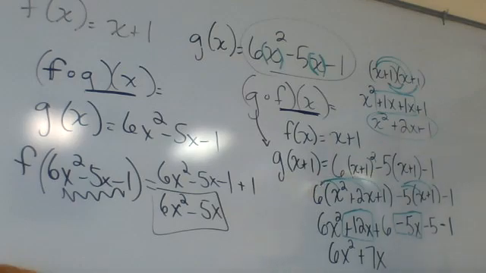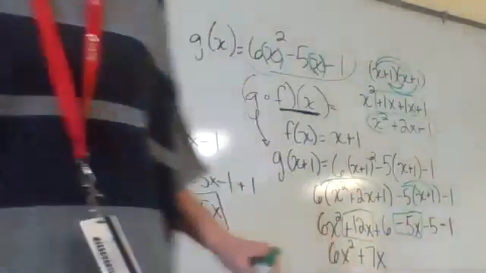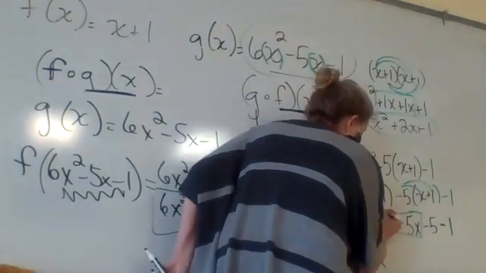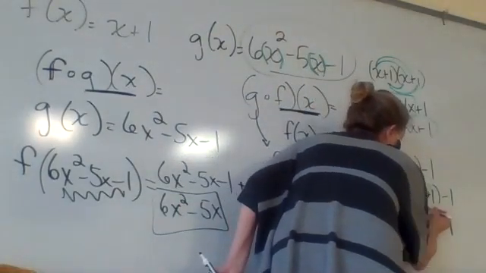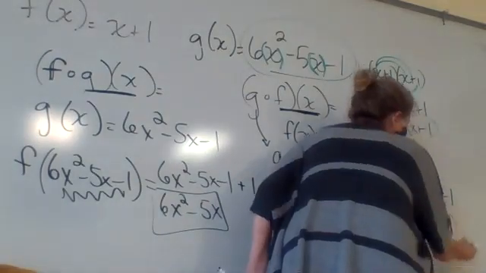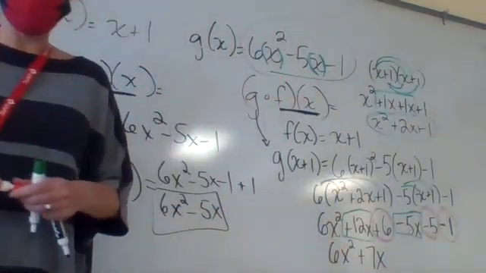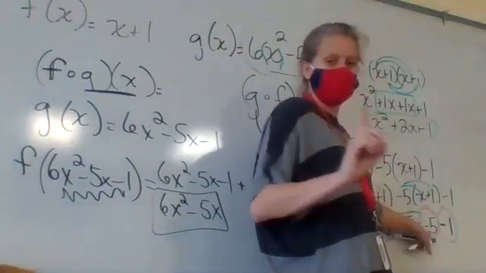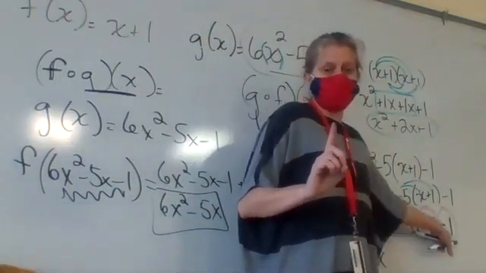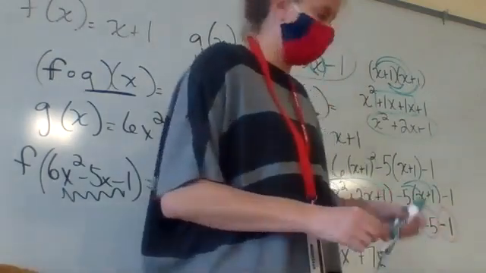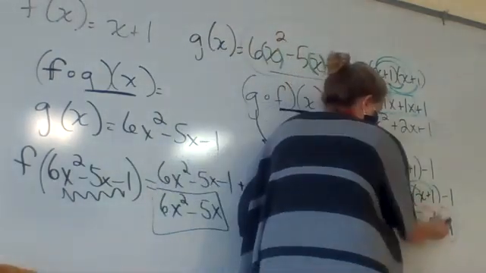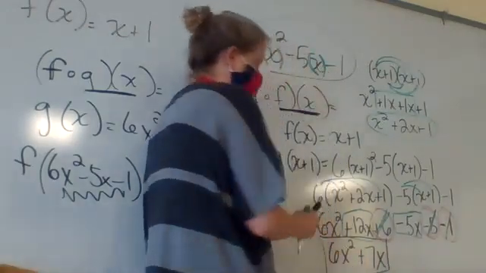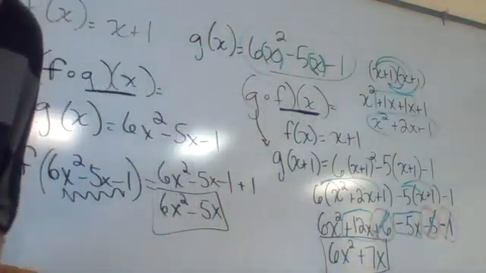Now I can put my constants, the plain numbers, together: 6 minus 5 minus 1. You actually get nothing, right? Because 6 minus 5 is 1, but then you subtract 1 from that, you're left with 0. So these three things canceled each other out. You were just left with 6x squared plus 7x.